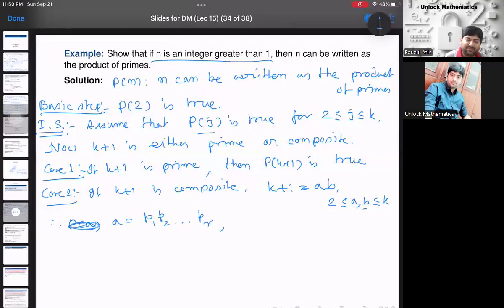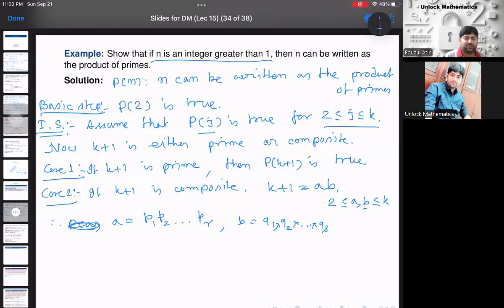Similarly, b can be written as a product of primes, which is q1 times q2 times dot dot dot times maybe qs. Because a and b lie between 2 and k, by our assumption P(a) and P(b) both are true.